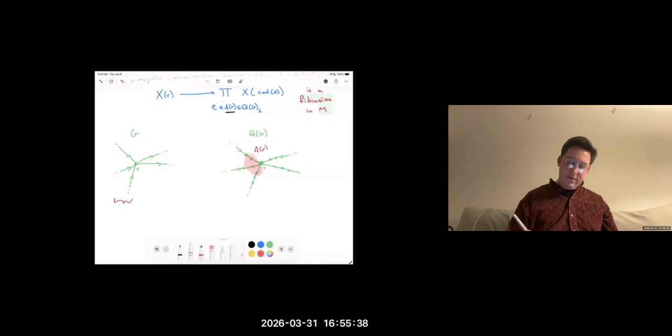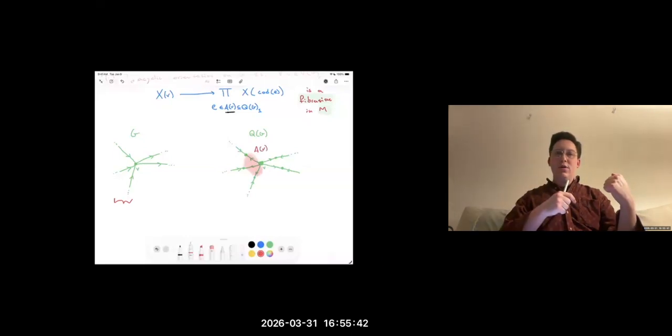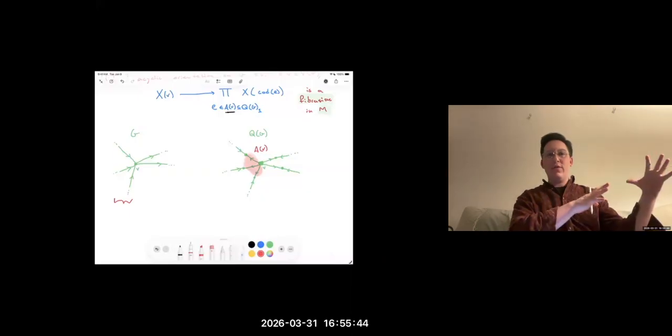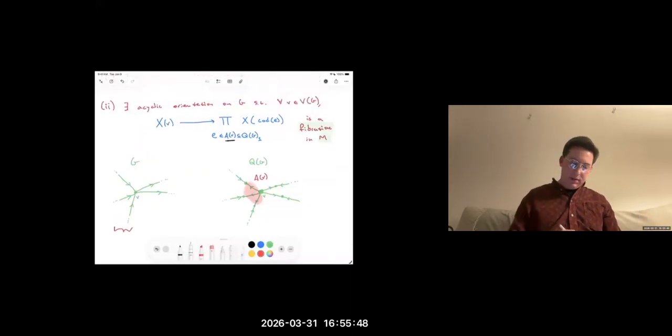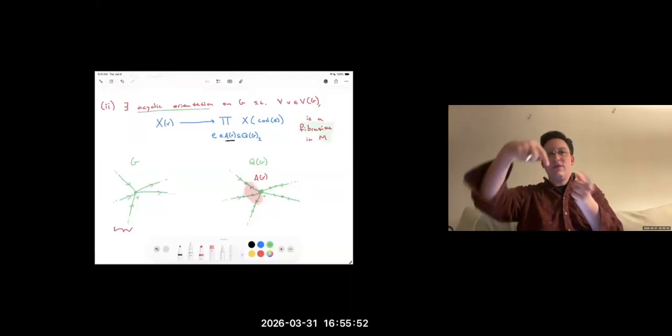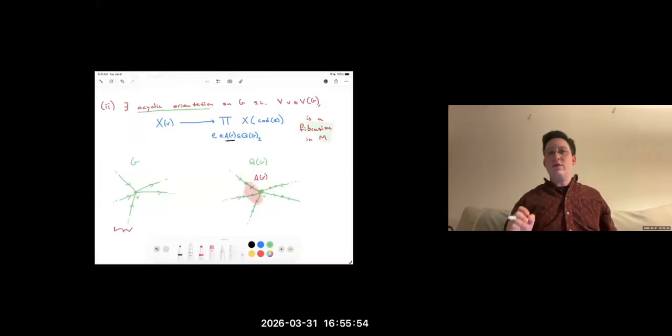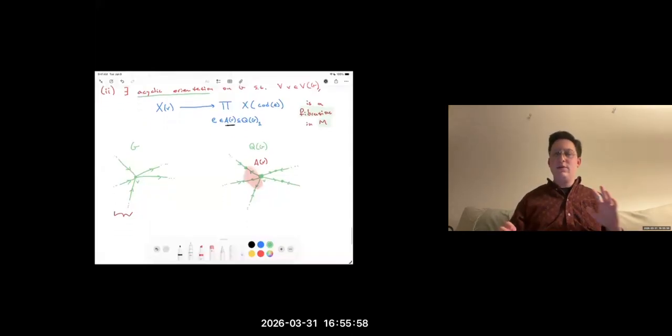So this is the collection A of V of arrows: only those arrows out of V which originally came from arrows into V in G, from this acyclic orientation that I fixed on G. In this case I would just take those three arrows and take the product over those three arrows. And that would be this map that I want to be a fibration. In practice, this is usually very easy to check.